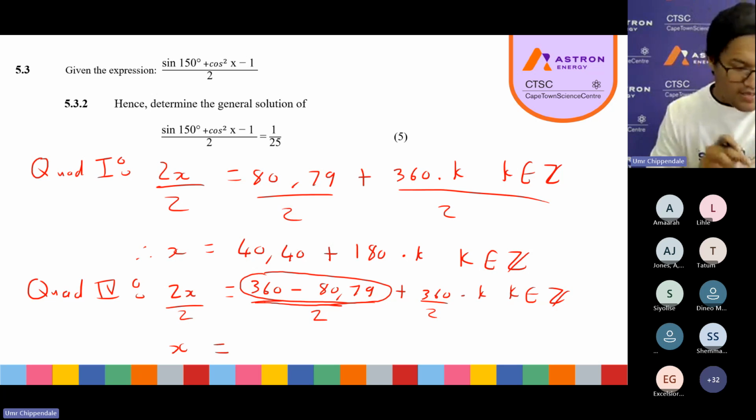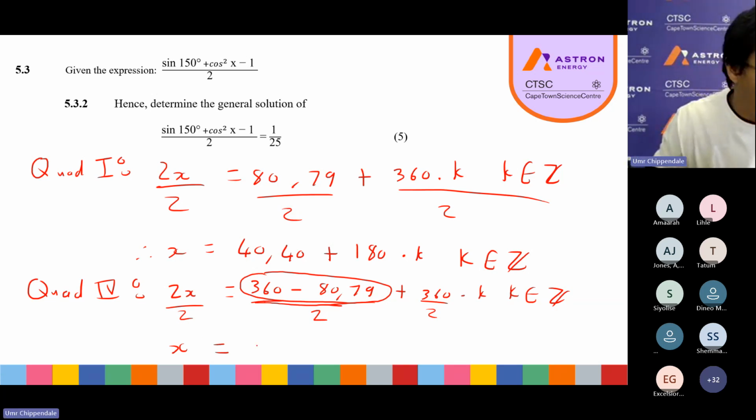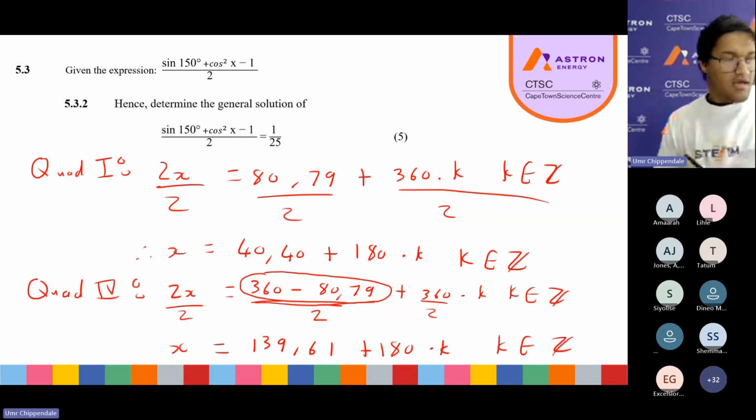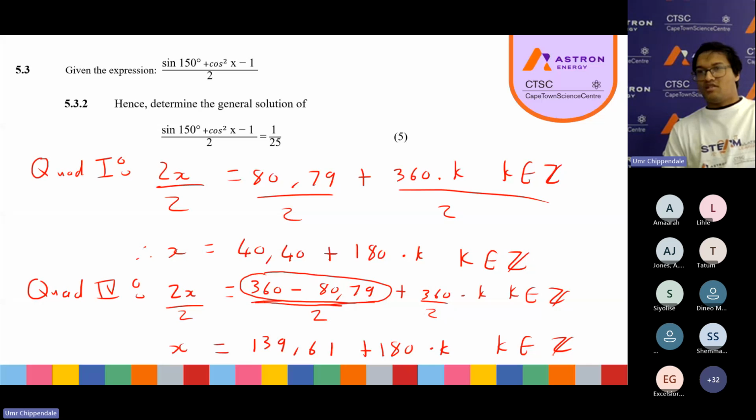And when you divide that by 2, it's going to give you an answer of 139.61, because you round off to 2 decimal places. And the other thing is going to be 360 divided by 2 is 180. Okay, and k an element of integers. And there we go. That's in its general formula.